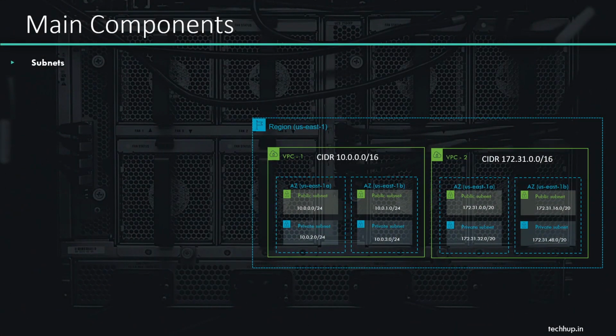Now let's have a quick look at the subnets. So a subnet is a part of the VPC that has a CIDR block.